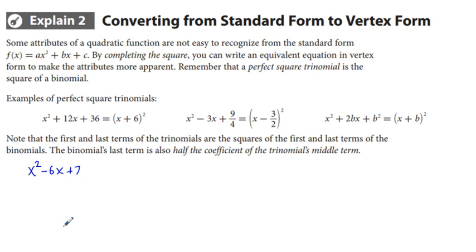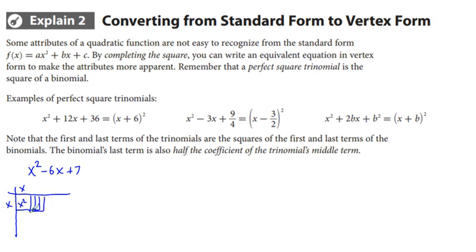Well, literally, what is happening here in completing the square, it's like we have a big x squared here, and we call this an x squared. Then we have negative 3x on each side.